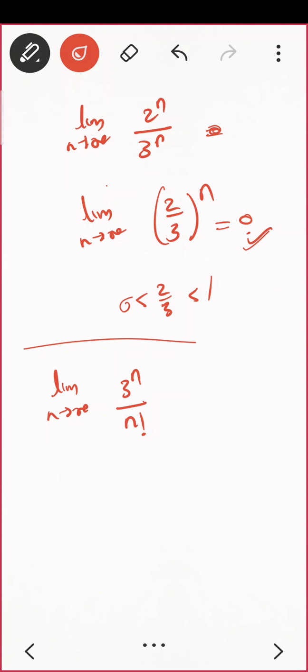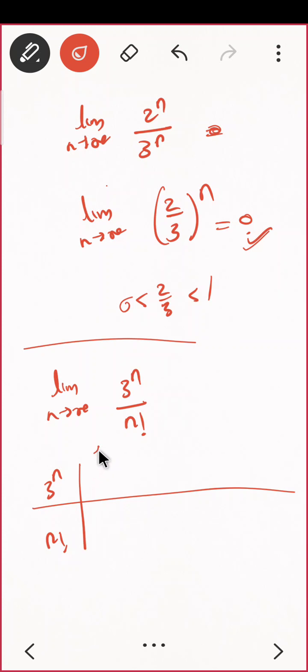My question is, which one goes faster to infinity, whether 3 raised to n or n factorial? I just want to have a relation between 3 raised to n and n factorial. Try to see when you're putting n equal to 1, 2, and so on, which one goes faster to infinity.